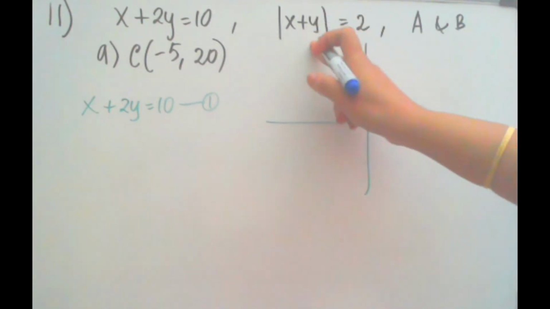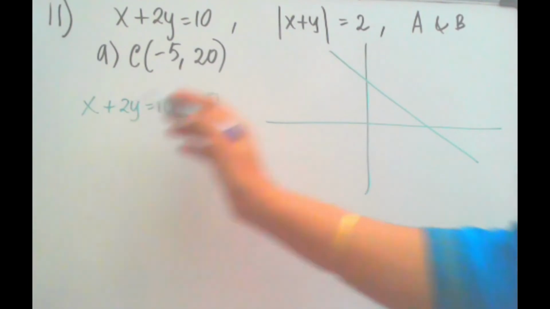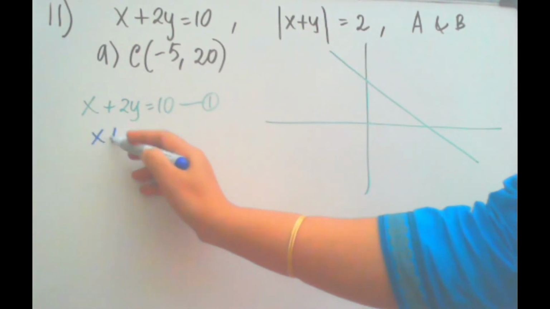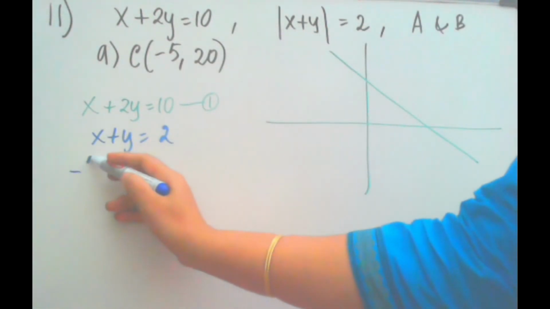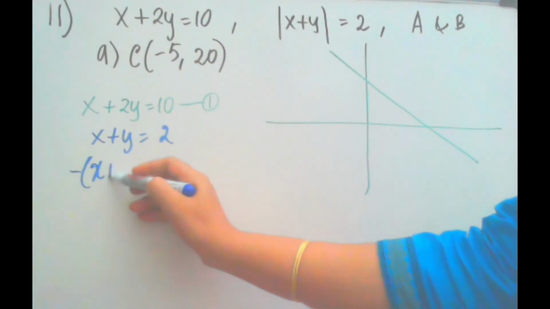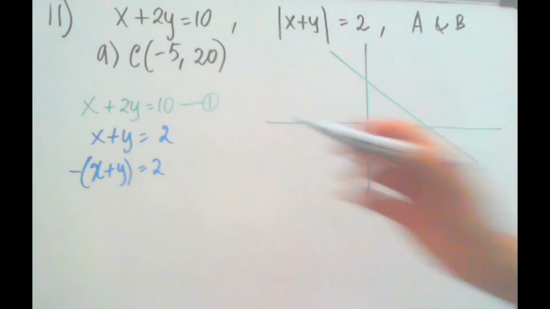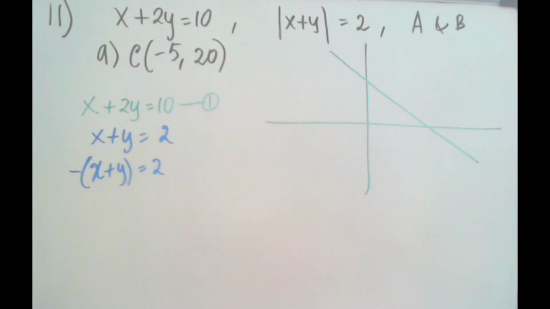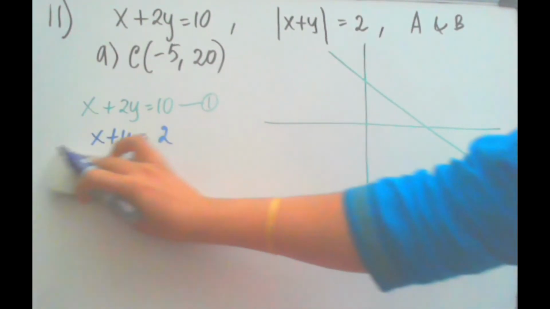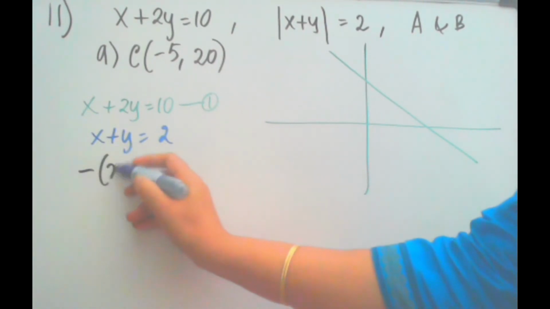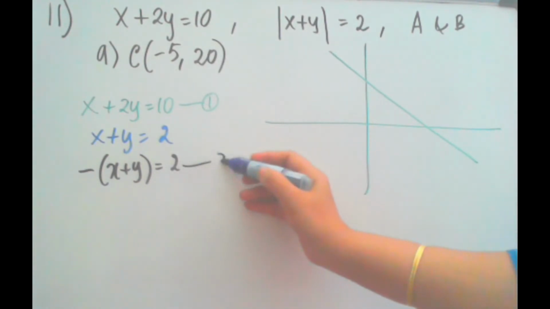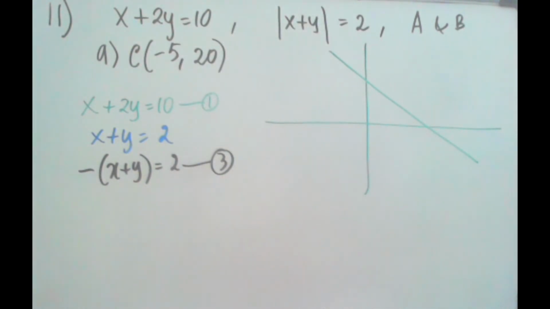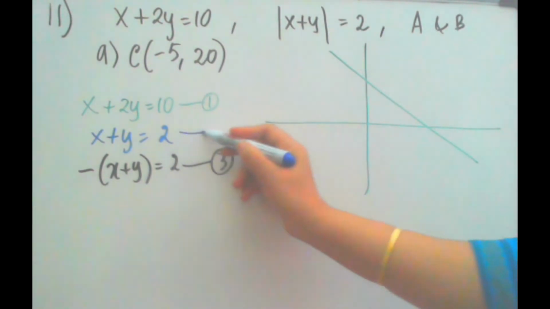Now modulus of x plus y equal to 2. So what does that mean? Positive x plus y is equal to 2, or the negative value of the expression inside is also 2. Okay, so let me write this in a different color so that identifying the graph becomes easier. So minus of x plus y is 2. So this is equation number 3, and this is equation number 2.